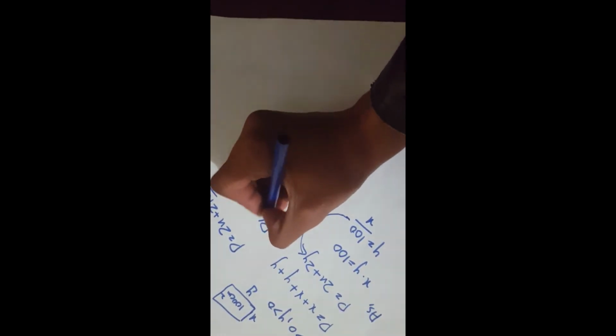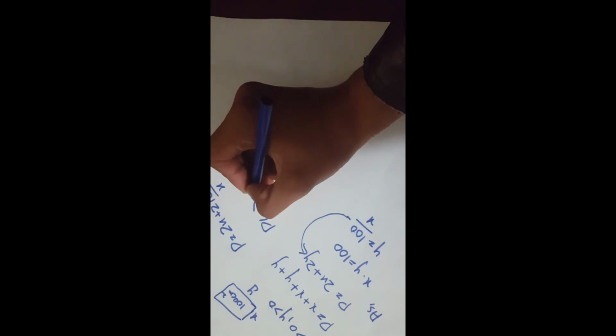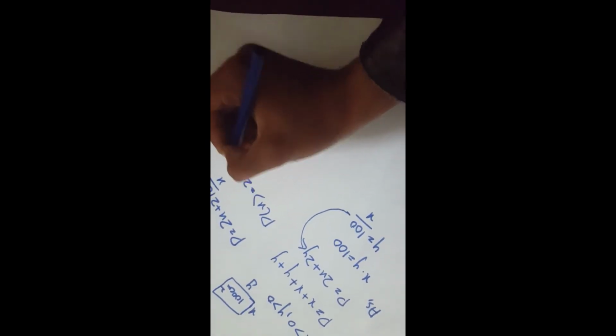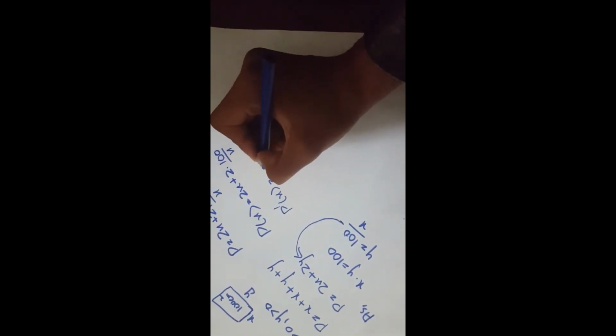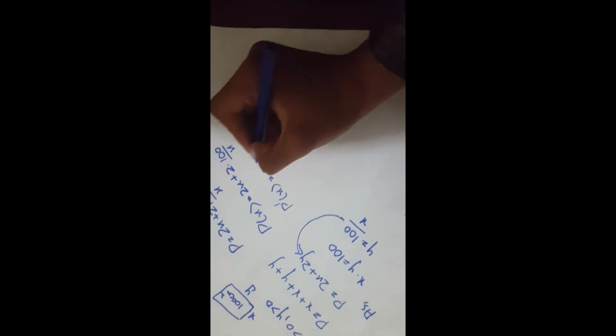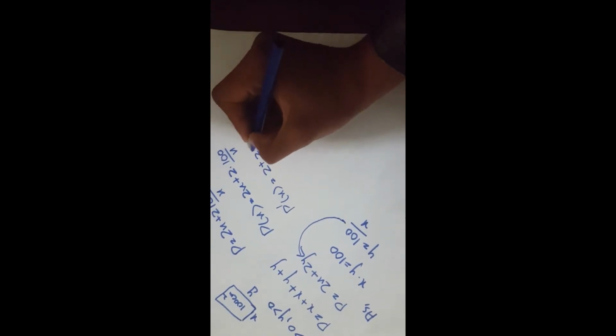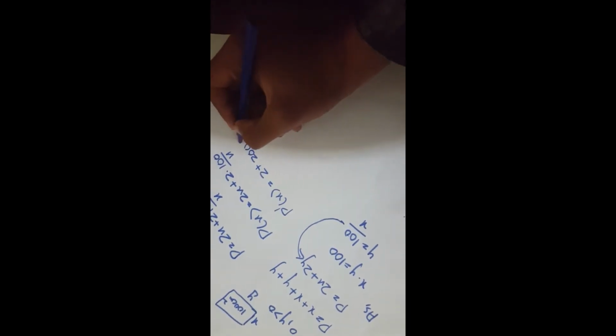For this purpose, we have to take it as a function, P of x equals 2x plus 2 times 100 divided by x. Now if we take the derivative of this, it becomes 2 plus 200 times minus 1 times x to the power minus 2.